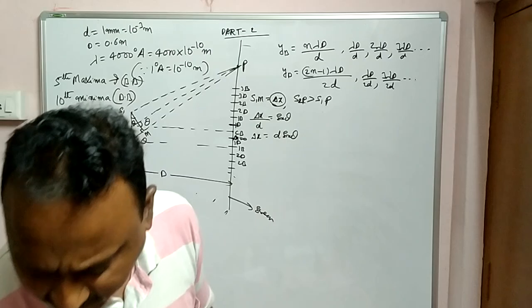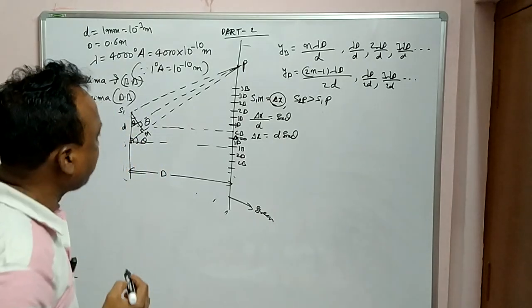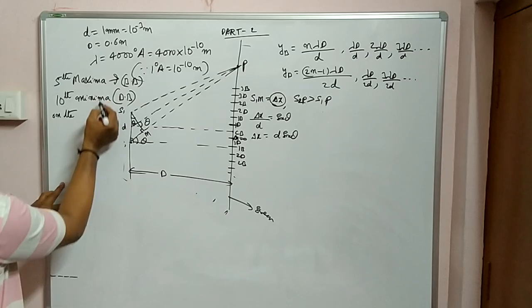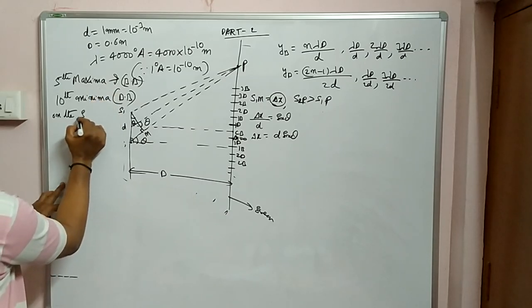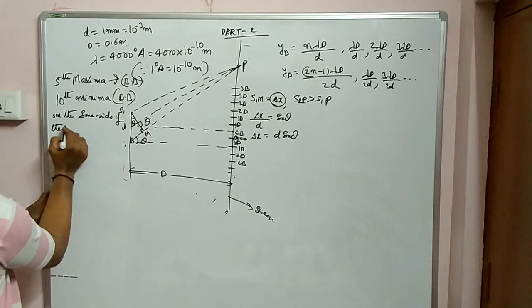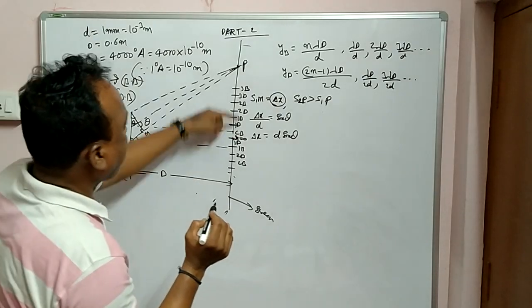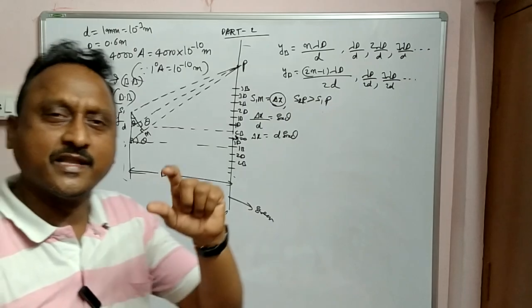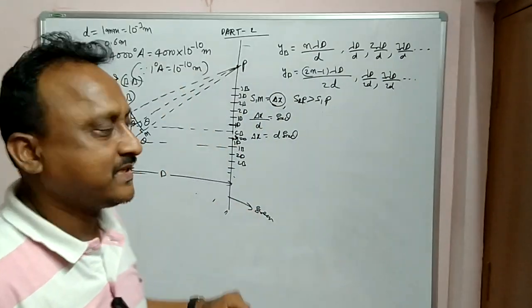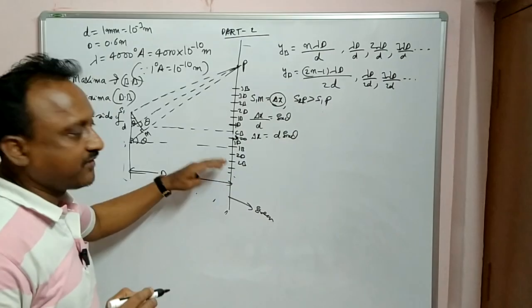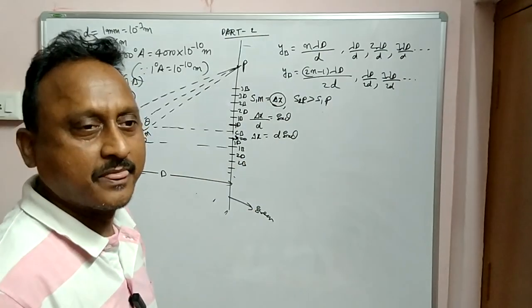So these are on the same side of the central band. These two are formed on the same side of the central band. He is asking what is the distance between these two. When they are formed on the same side, you have to subtract; when they are formed on opposite sides, you have to add up the distance.